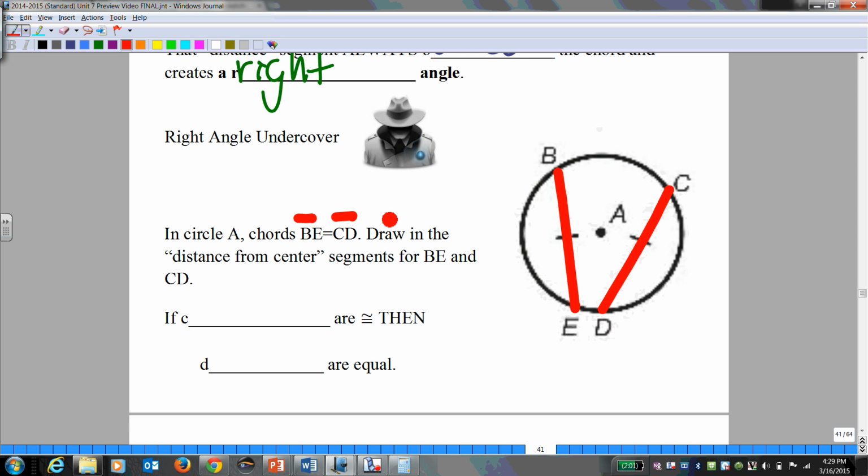We are told that chords BE and CD are equal measure. Drawing the distance, remember the distance, that's going to hit a midpoint. So hatch marks, and it creates a right angle.